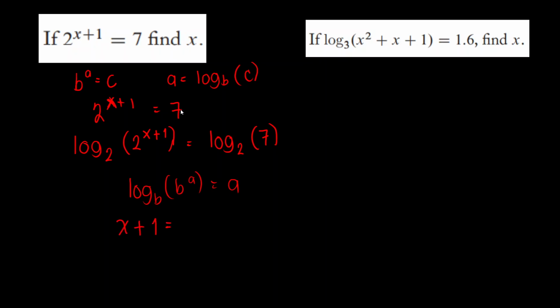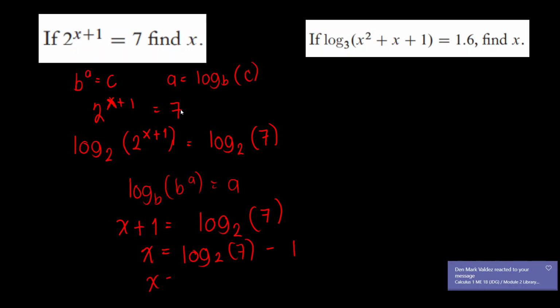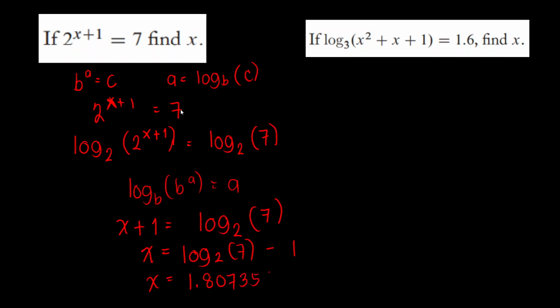Okay? Is equals to logarithm base 2 of 7. Okay? Then, kunin natin yung value ng x. X is equals to logarithm base 2 of 7 minus 1. So, x is equivalent to 1.807354922. Yan po yung lalabas kapag kinalculate natin siya.